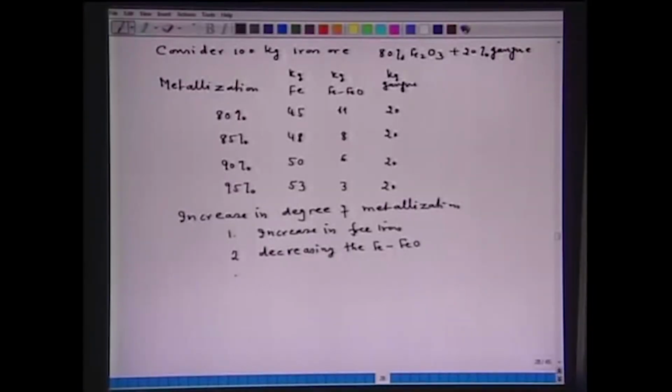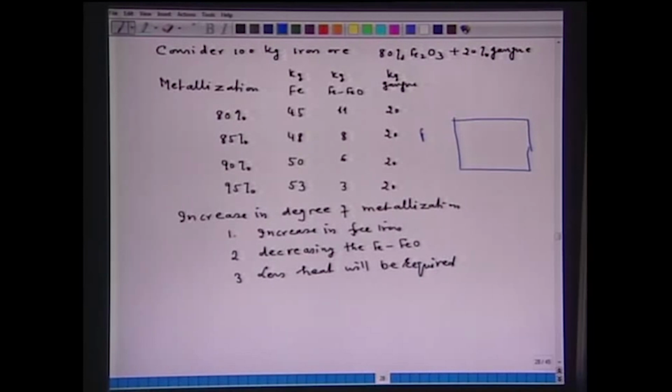Less heat will be required during processing, less heat will be required. Productivity will be more.